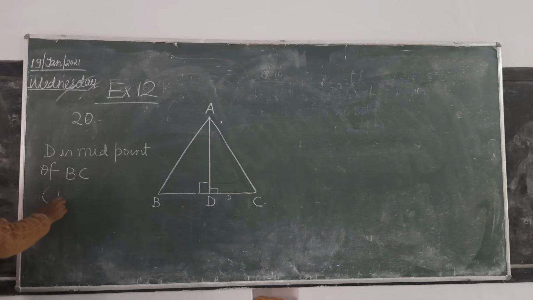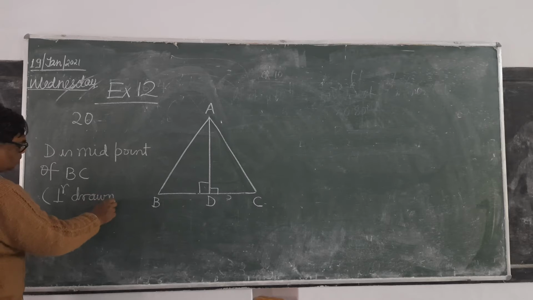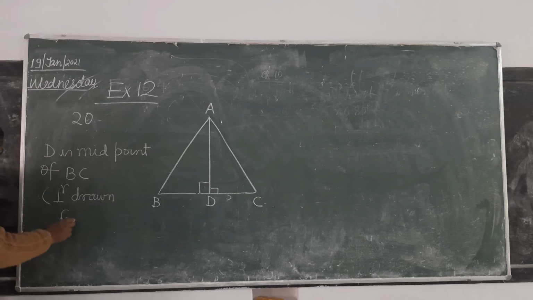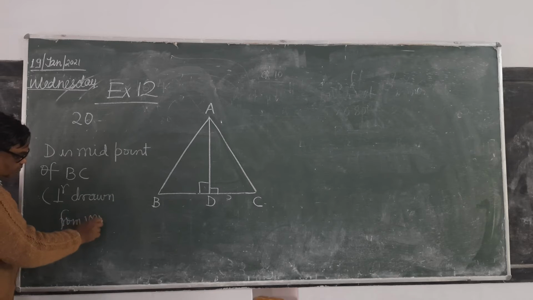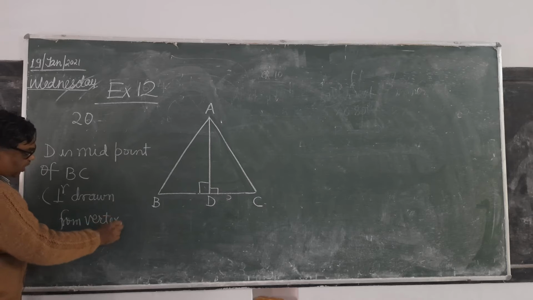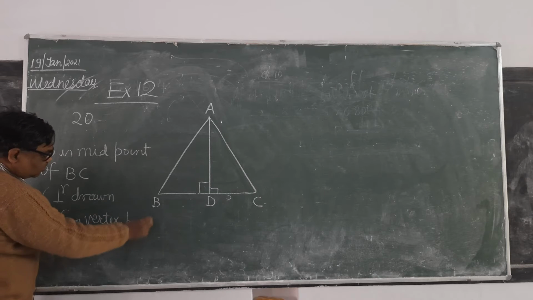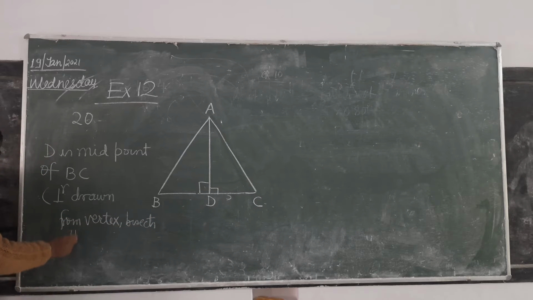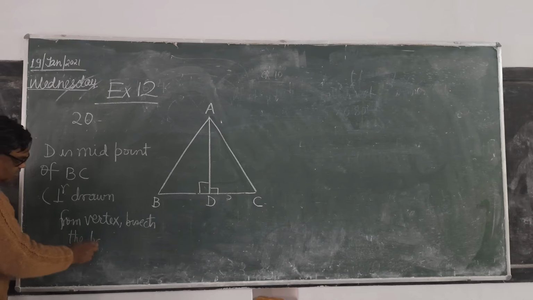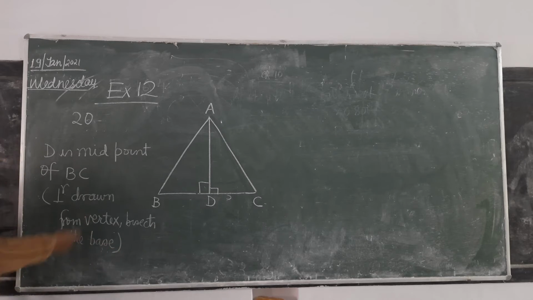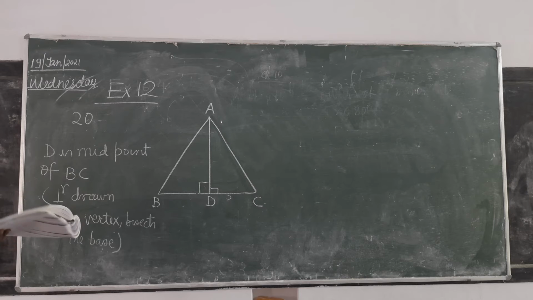Because the perpendicular drawn from the vertex bisects the base. It's clear? Here there is no need to mention equilateral triangle because this is given in the question.